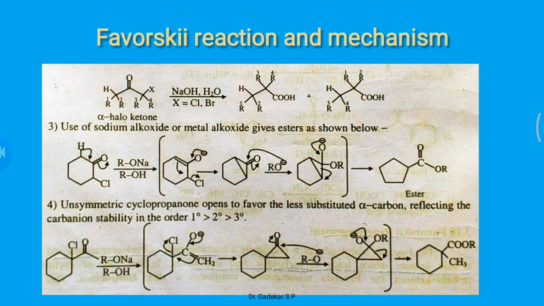So next is the Favorskii rearrangement reaction and its mechanism. Alpha haloketone: one side is the X group and the other side is the proton. In this ketone NaOH reacts, abstracts an alpha proton, and then forms a 3-membered ring, and again it reacts with the ketonic group and then ring opening occurs.